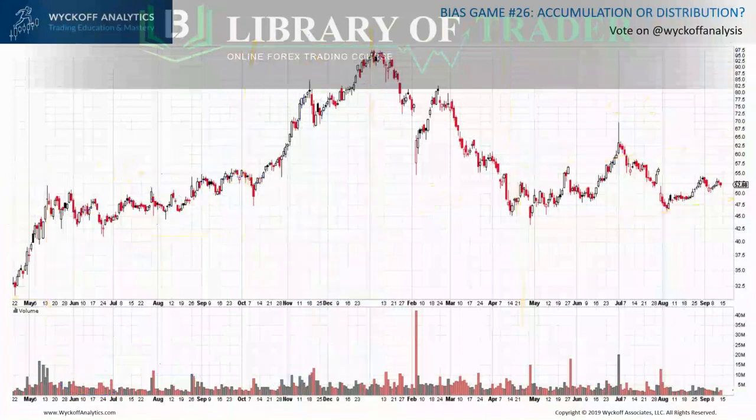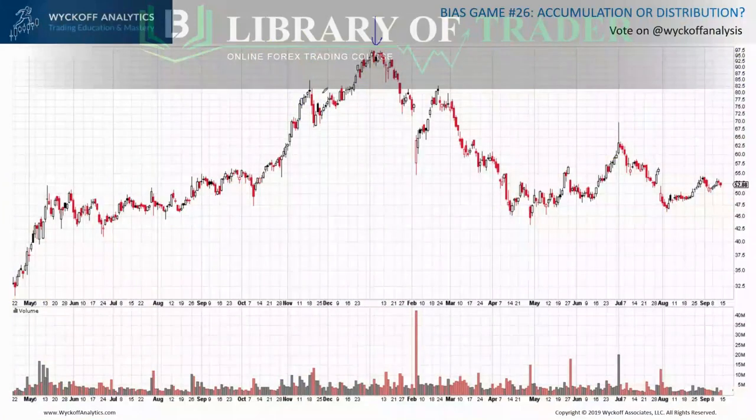All right, so what happens next? Somewhere here we see maybe a precondition for a reaction. We said the effort diminishes and we don't have a lot of result to the upside. In itself, this is not necessarily a signal.